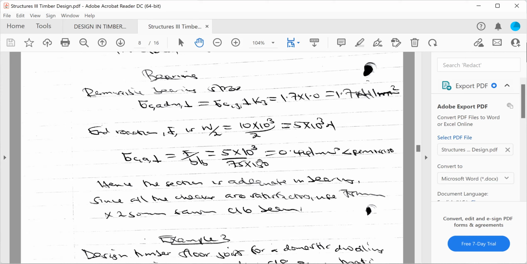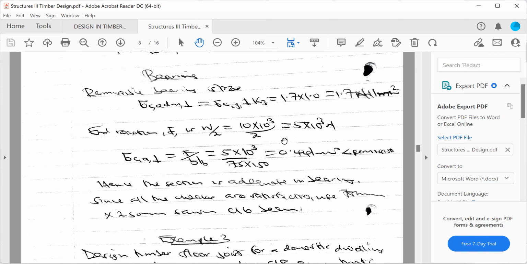But now, from the question, we were told there is a bearing of length 150. So LB means length of bearing, which was 150. Remember when we were calculating effective span, we had 150, whereby we take half of 150 and add to 2850. So these are the lengths of bearing. So I get 0.44 Newton per millimeter squared.